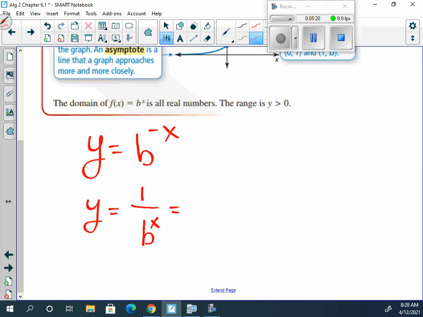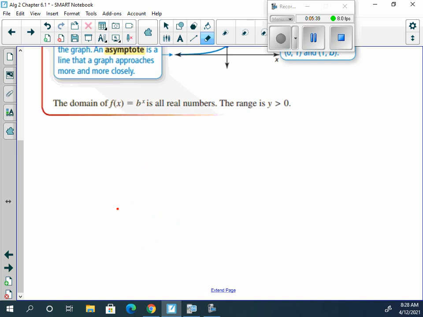It will approach 0, but it'll never get there because the only way that a fraction can be 0 is if the numerator is 0, because we can't divide by 0. And it'll get close to it. So this here, the normal y equals b to the x, will not equal 0.